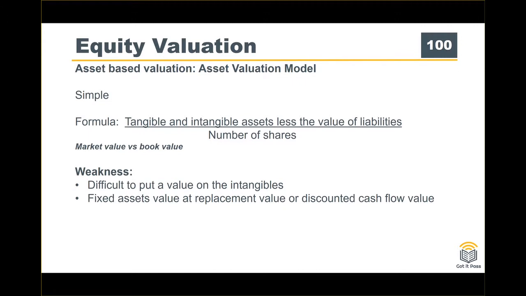Sometimes people use the replacement value. But if the assets are generating positive cash flow and will create more value for the business, and you only use the replacement value, then this method is not applicable, especially for goods with high goodwill or patents.